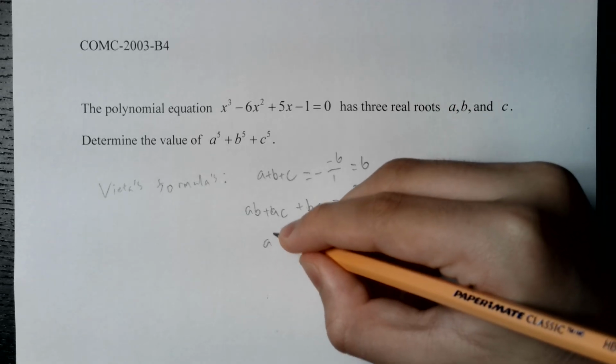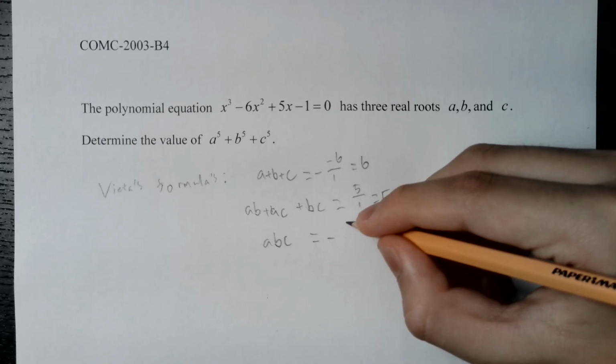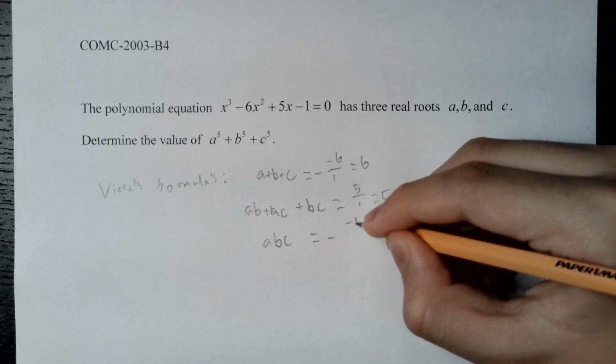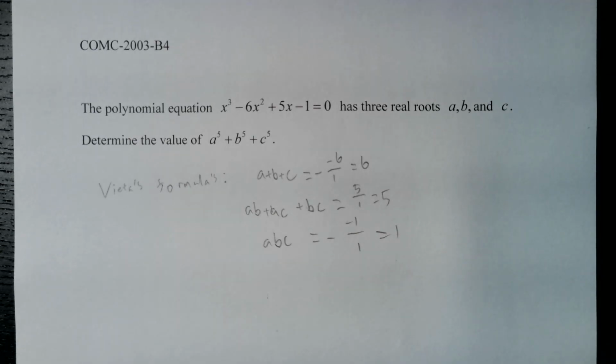And all three of these roots together, abc, is just equal to the negative value of the last coefficient, the fourth coefficient, divided by the first coefficient. And this is equal to 1.